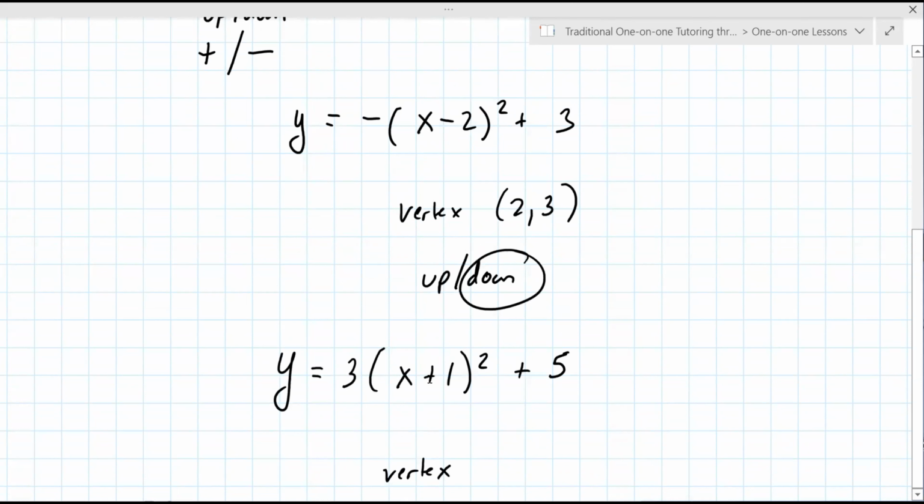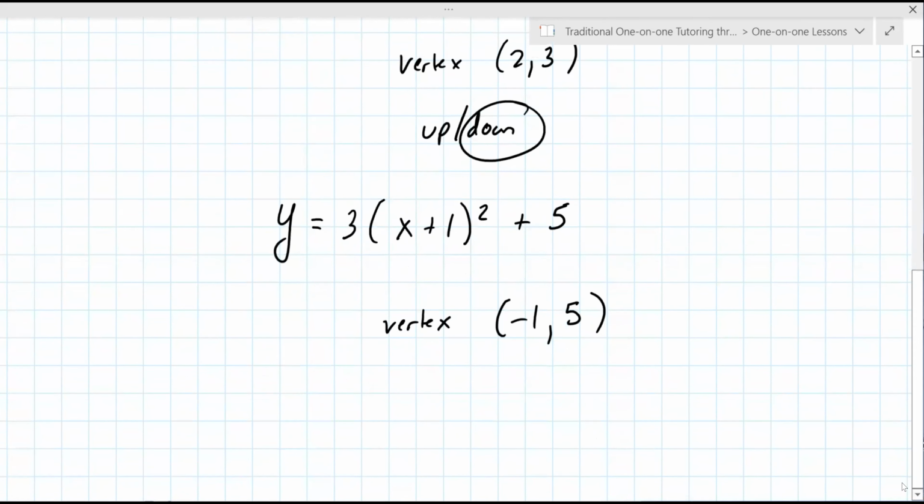The vertex for this one is (-1, 5), whereas the previous one it was 2. So what most students remember is the opposite of what they see. If you see a -2, it's 2. If you see a positive 1, it's -1. There is a better explanation, but this is just us learning how to do this.